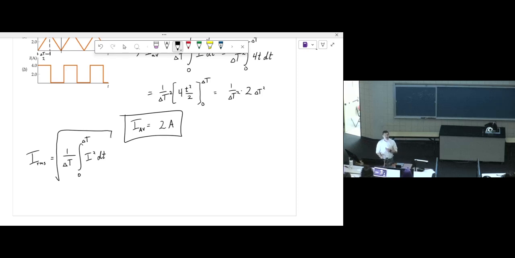Well, don't forget that I is equal to 4 over delta t, right? So I'm going to do that same substitution. I've got the square root of 1 over delta t times the integral from 0 to delta t of 4 squared over delta t squared times t squared dt.